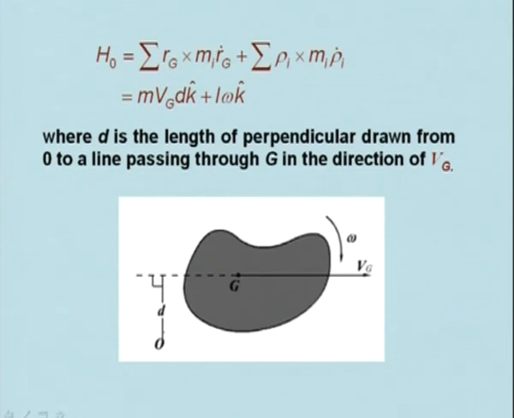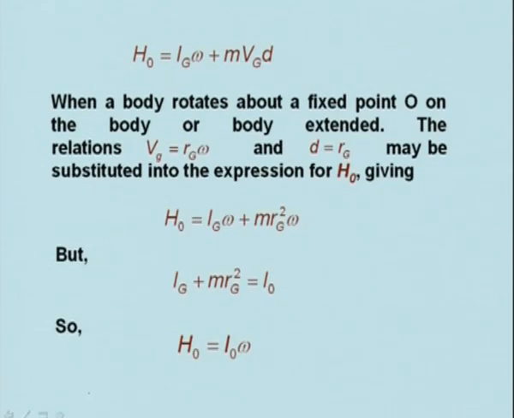So if the perpendicular distance is d, then m Vg into d k plus I omega into k. D is the length of the perpendicular drawn from O to a line passing through G in the direction of Vg. So this is what you get: Ho is equal to m Vg d plus I omega into k, for a plane motion.